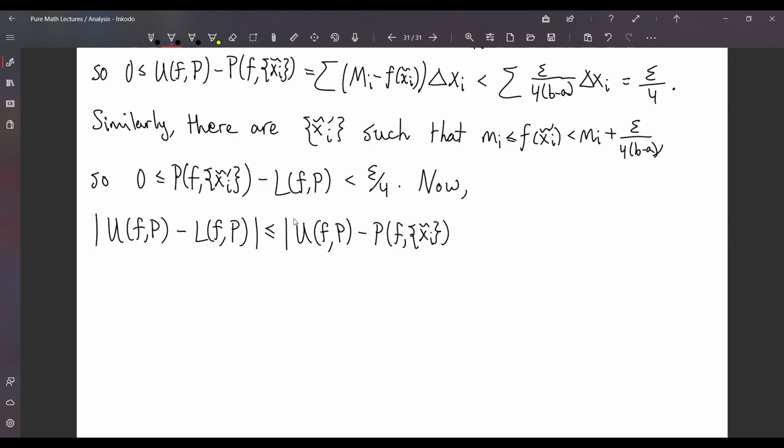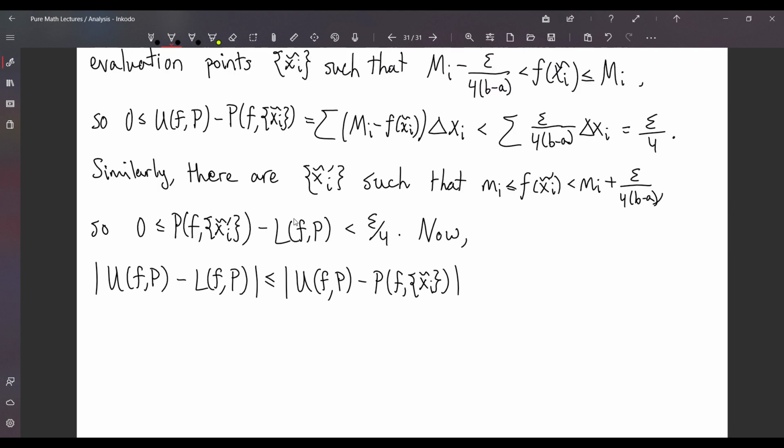Now remember, this part here is independent of, sorry. So here we're using the evaluation points that were chosen such that this quantity is less than epsilon over 4, right?